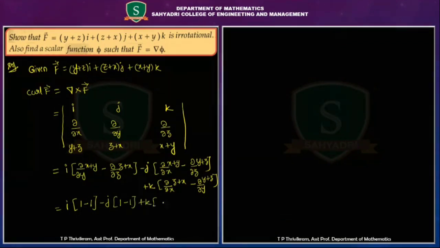Plus k into, again 1 minus 1. So we got 0. So curl f, we got it as 0. Implies when curl f is equal to 0, then f is called an irrotational vector field.